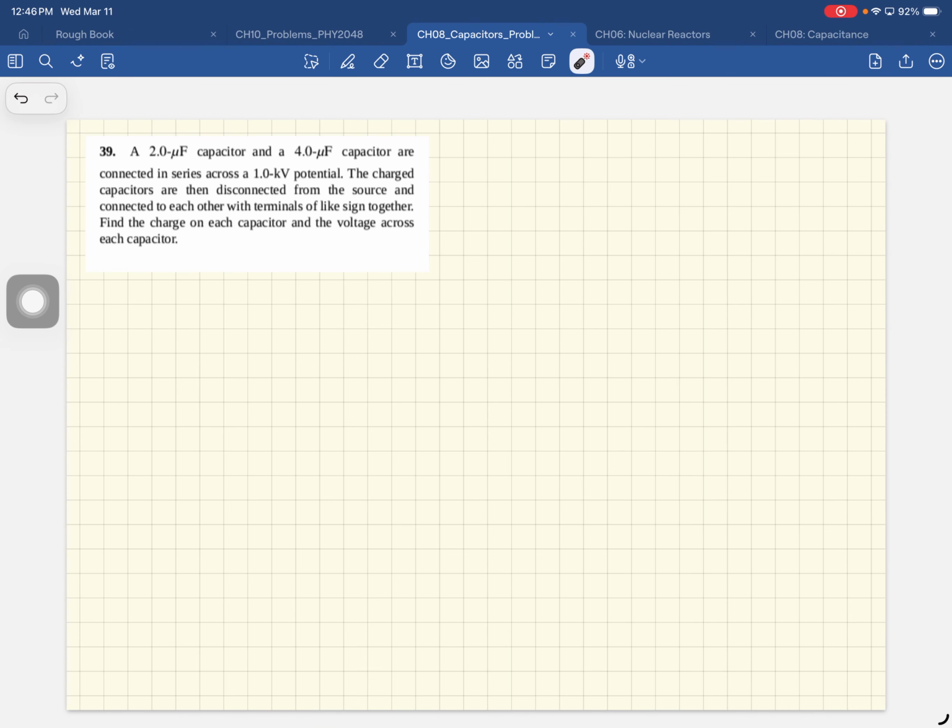All right, so this next problem says a 2 microfarad capacitor and a 4 microfarad capacitor are connected in series across a 1 kilovolt potential. The charged capacitors are then disconnected from the source and connected to each other with the terminals of like signs together. Find the charge on each capacitor and the voltage across each capacitor.